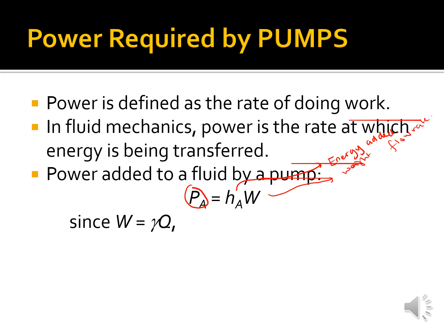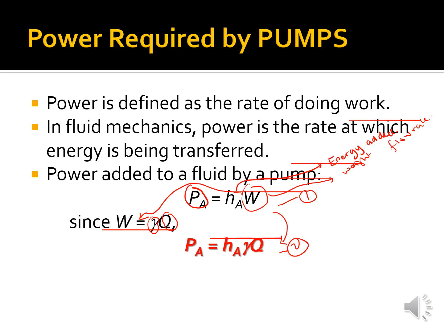We can calculate the weight flow rate with this formula, in which gamma is the specific weight and Q is the flow rate. Therefore, this equation can also be rewritten so that the term W is replaced by this term.